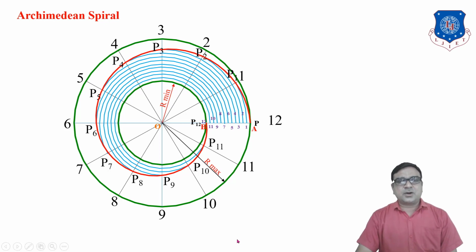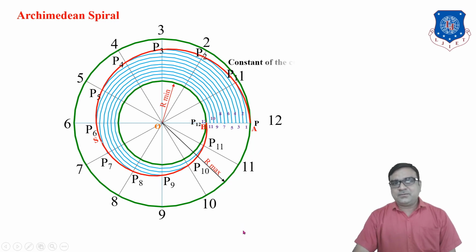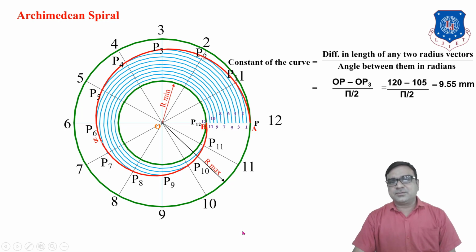Now how to draw the normal and tangent? You have to select one point S on the curve. Then find out the constant of the curve. What is the equation of the constant of the curve? It is the difference in length of any two radius vectors divided by the angle between them in radians.